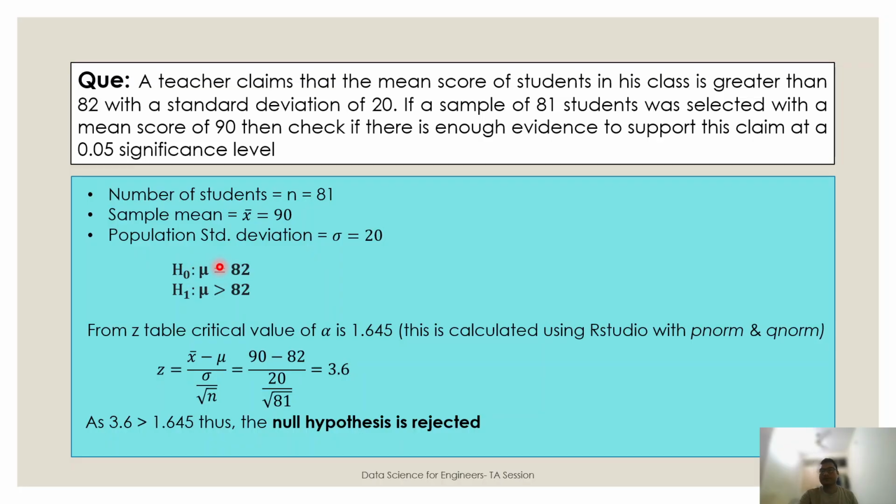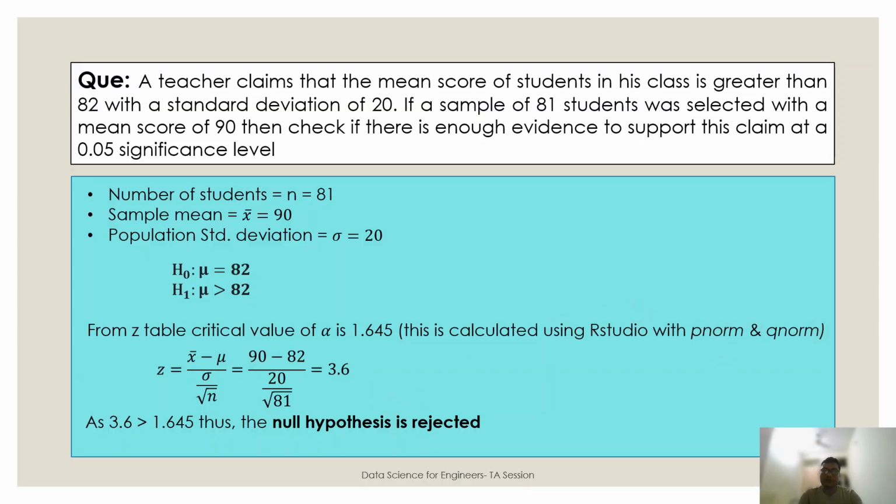Generally we make the equals-to hypothesis, that is the usual way. Here my alternate hypothesis should be greater than 82, so I want to reject this 82 claim, or you can say less than 82 for now. I put all those values in the formula and get a z score of about 3.6. I will accept if the probability is 0.05 or something like that, and for this I am getting the value 1.645.